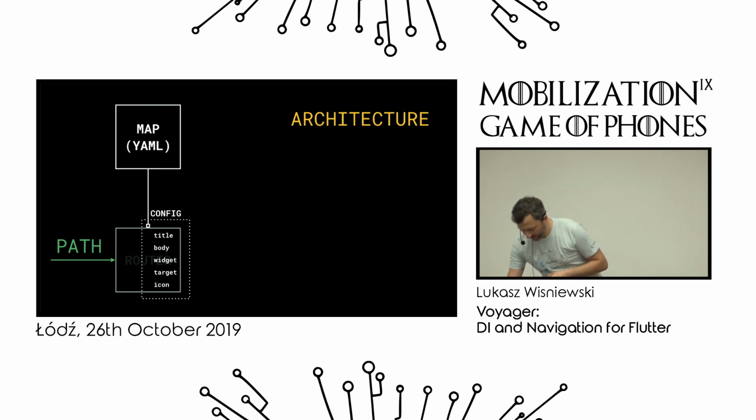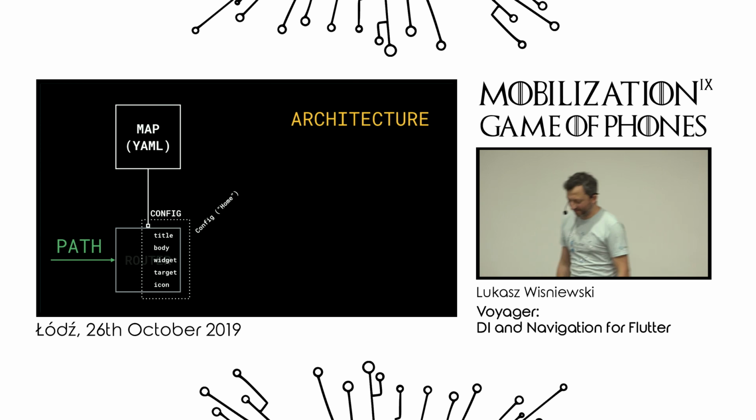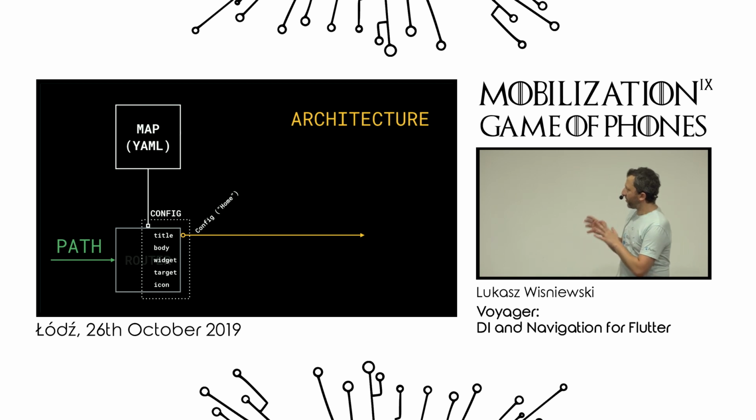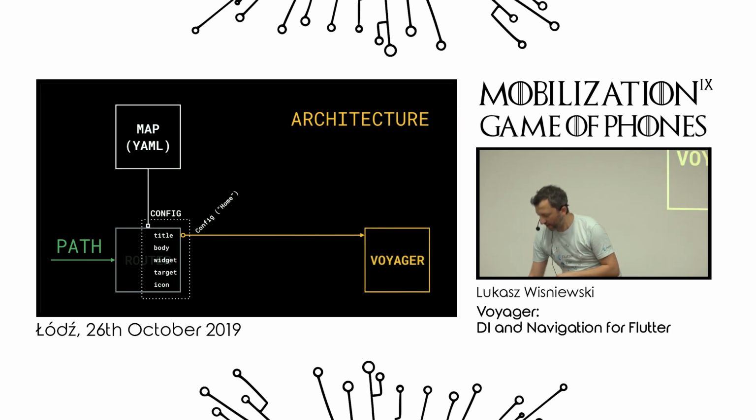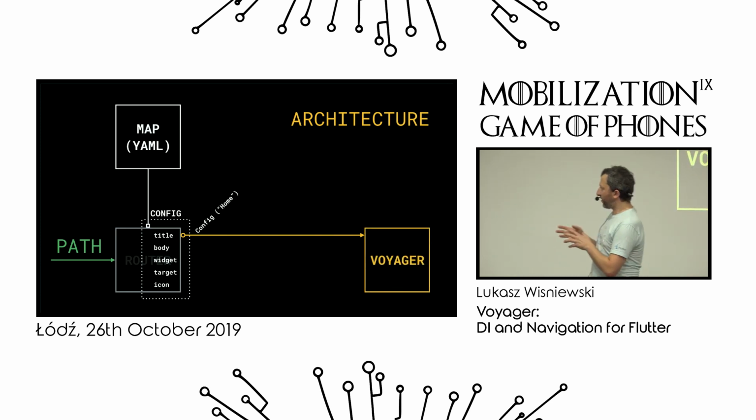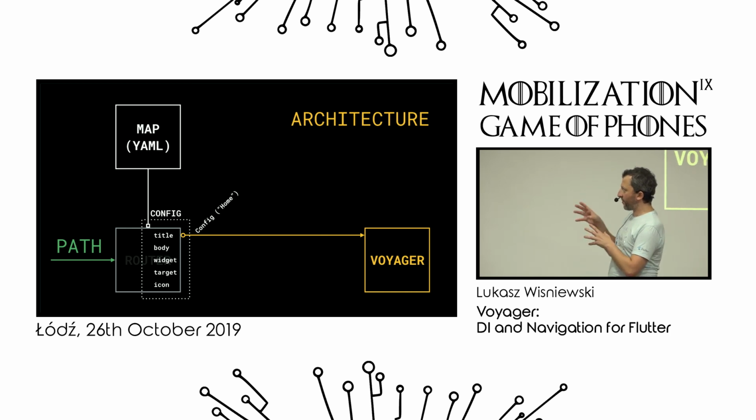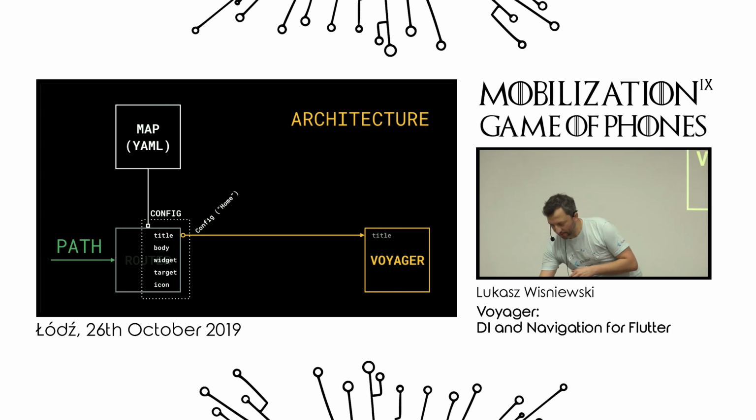So we pass the title. What we do here is take the title and put it in the Voyager map. By default, this was a string in YAML, so it's going to be a string in the Voyager map as well.